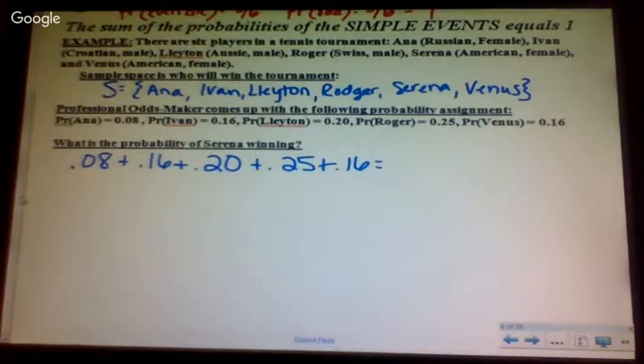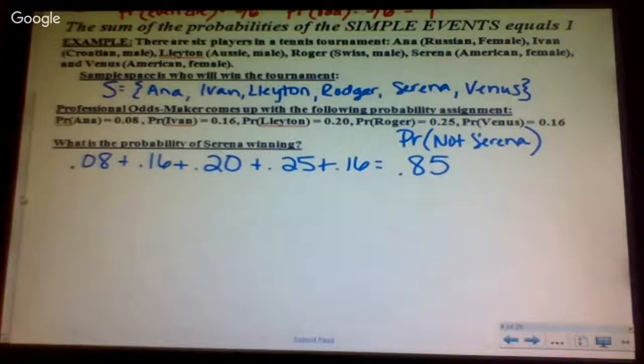Okay, so if I add all of them up, I get the probability of Serena not winning. This is going to be the probability of not Serena. What do we get for a probability of not Serena? 0.85.